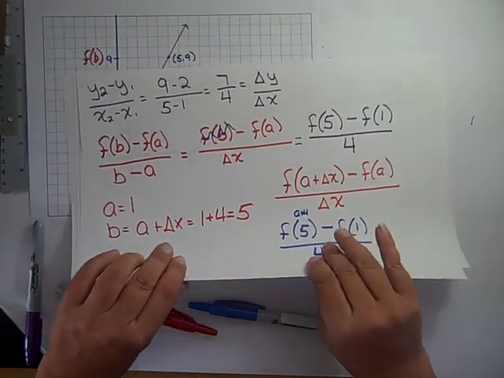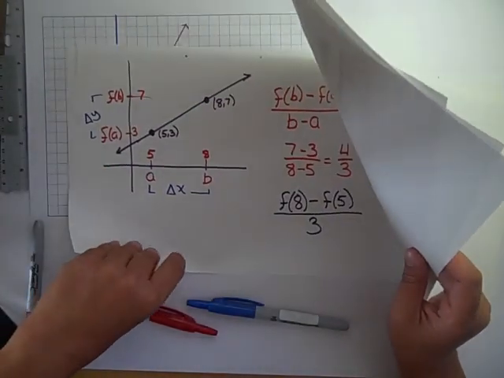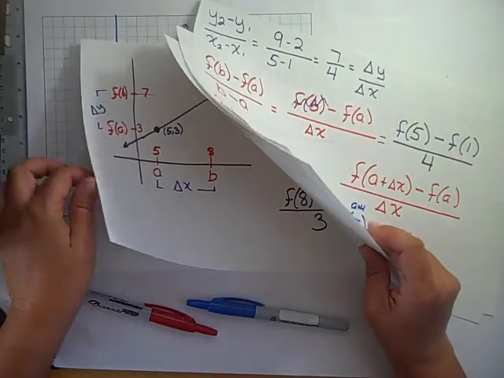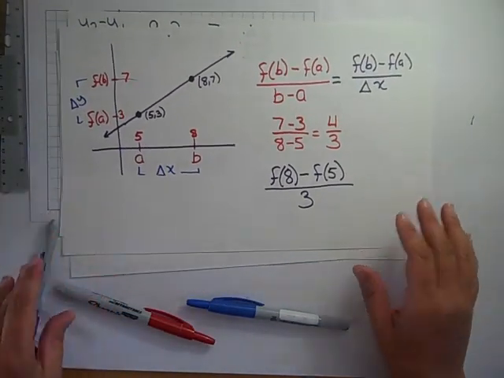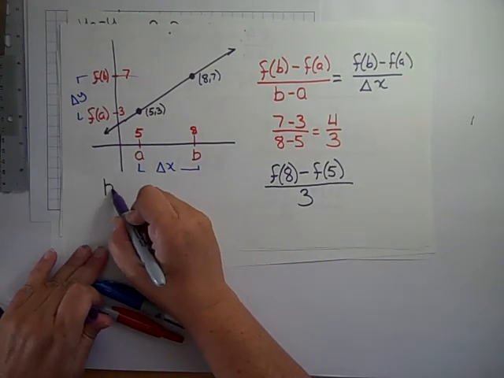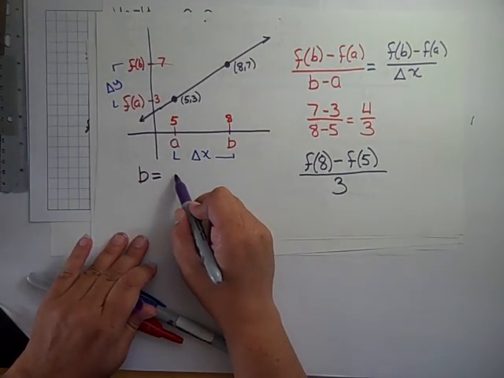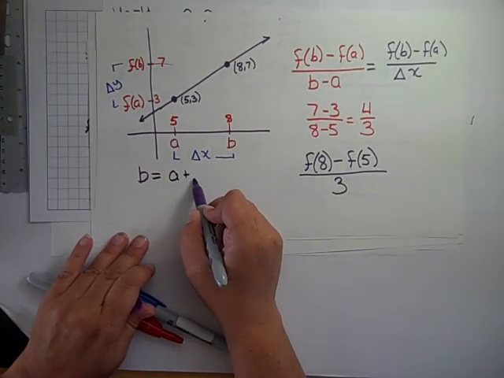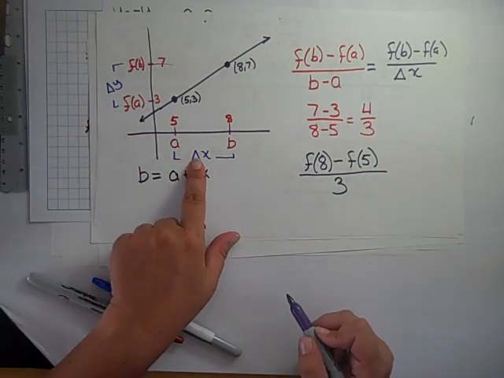But let's do it on the second graph we looked at. So go to your second graph. And let's figure out the other way to write b. So b can equal a plus delta x. And what is delta x in this case?